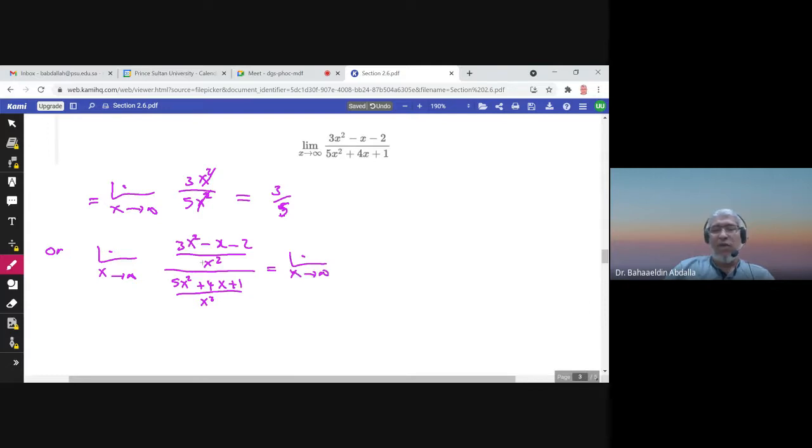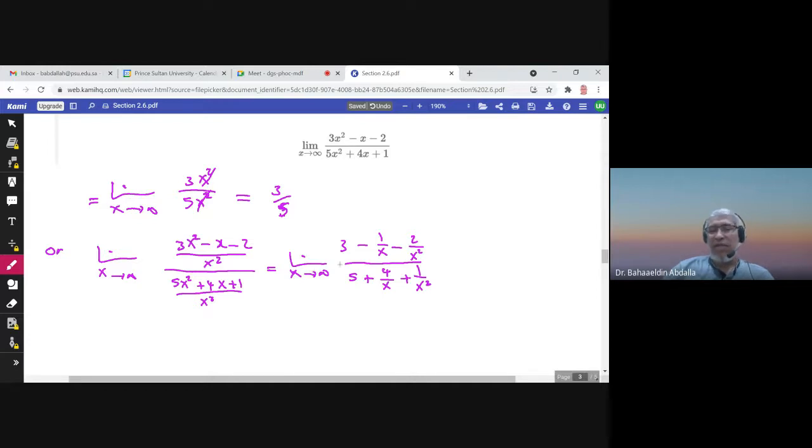So 3x squared over x squared would be 3, minus x over x squared would be 1 over x, minus 2 over x squared. And in the denominator, 5x squared over x squared is 5, plus 4x over x squared, x cancels with x squared, and you have 4 over x, and here I have 1 over x squared.